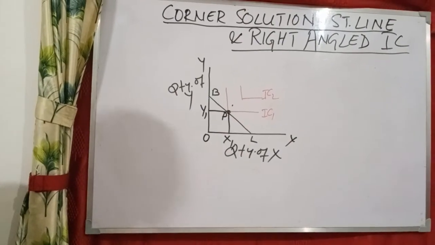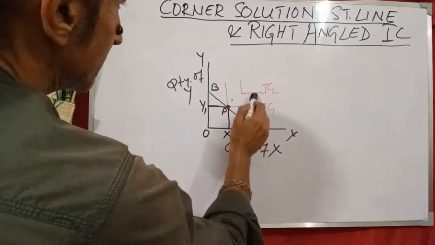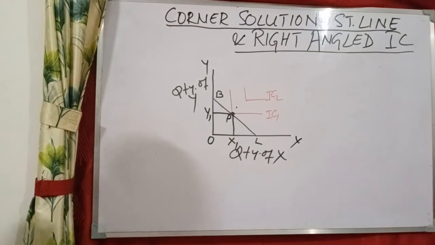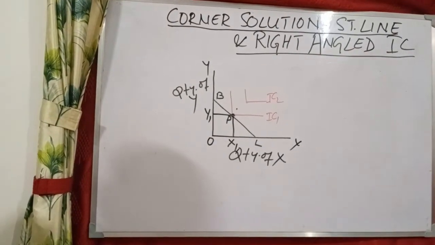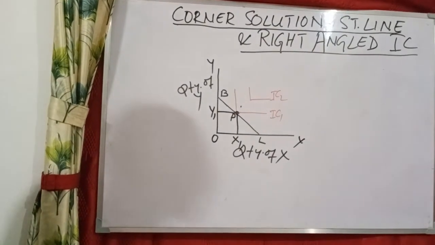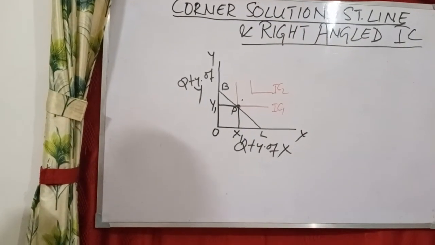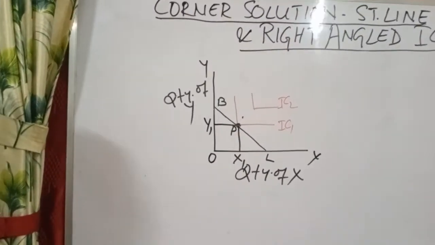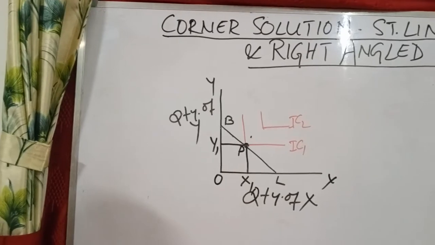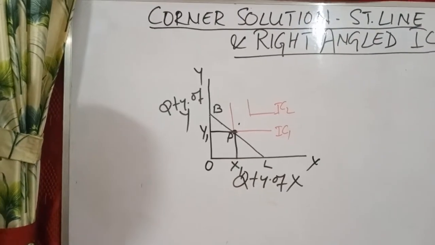Now what is a right angle indifference curve? When two goods are complementary to each other, then the indifference curve becomes right angled. Complementary means the two goods are used in a fixed proportion to make a single commodity.